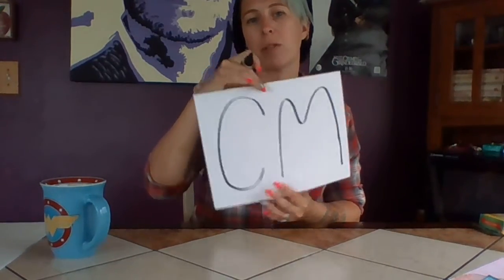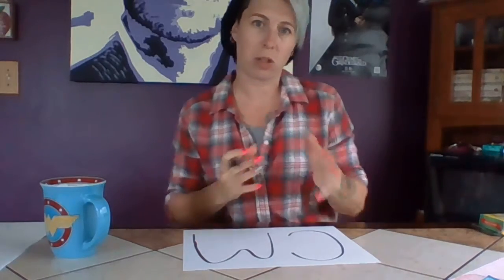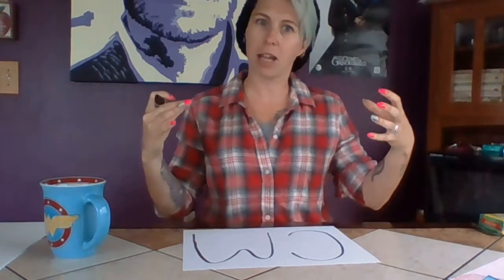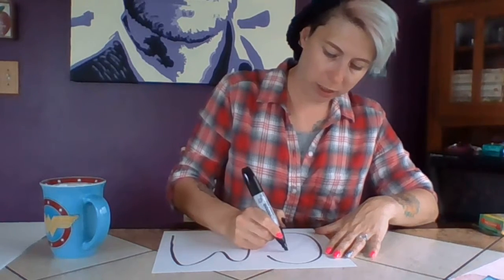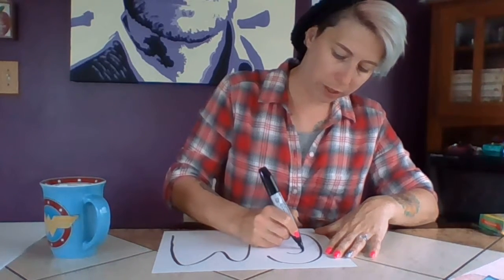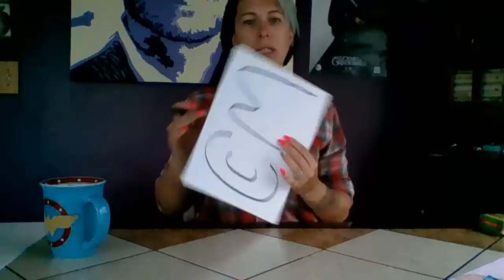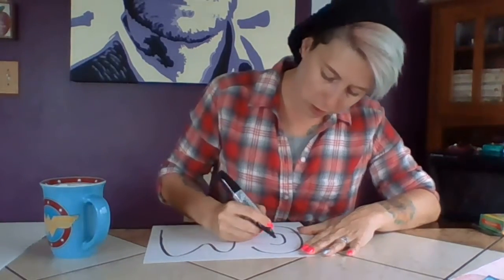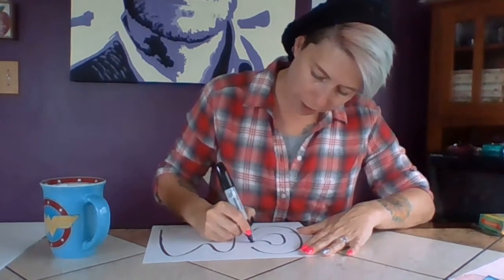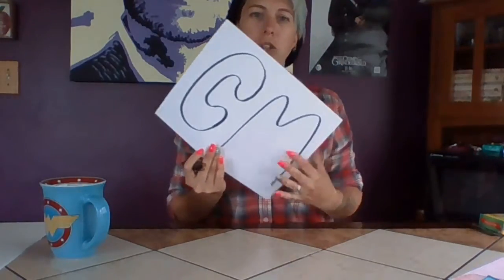Now to create them so that I have something to draw in the center of them, so they've got some meat to them, shall we say, I'm going to create my letter on the inside, almost a mirror of my C. See how I do that? And then I'm going to connect it, and with a round edge, just like that.